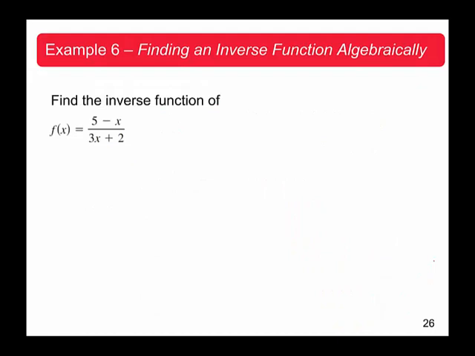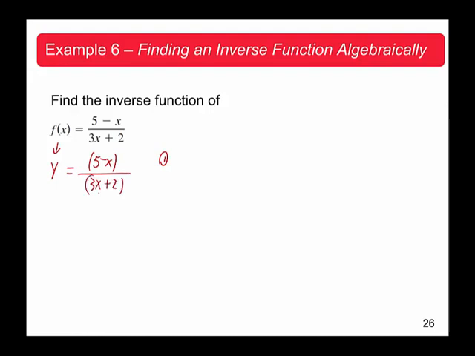Now let's follow the procedure and find the inverse function of this rational function, f of x equal to 5 minus x over 3x plus 2. So step number 1, f of x becomes y. So you get y equal to 5 minus x over 3x plus 2.